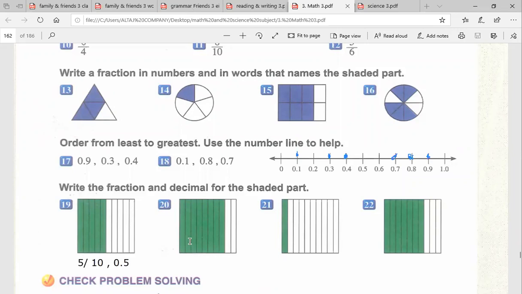Question 20. 8 over 10. And the decimal point is 0.8. Question 21. We have 1 over 10. So the decimal point is 0.1.